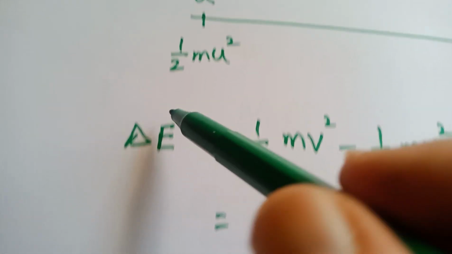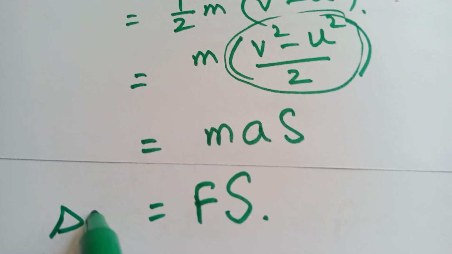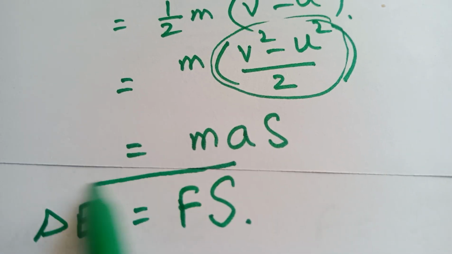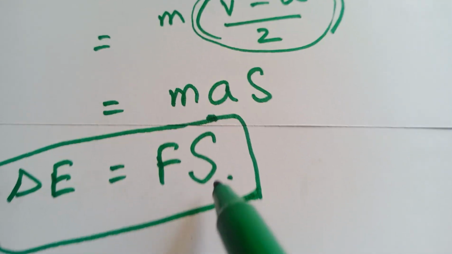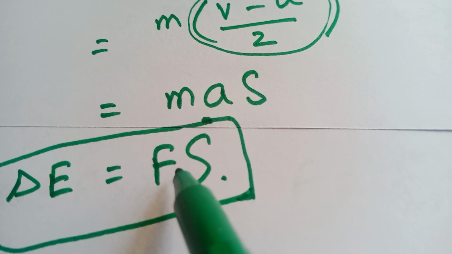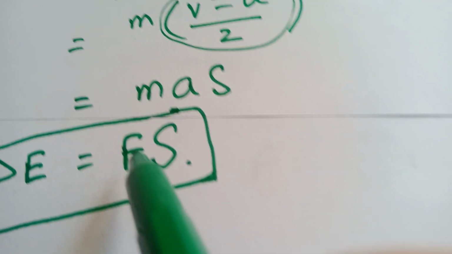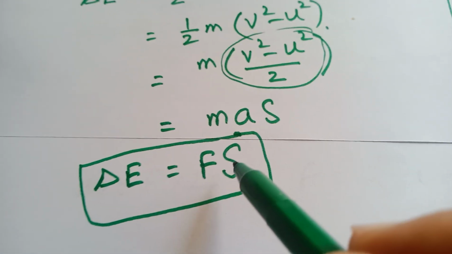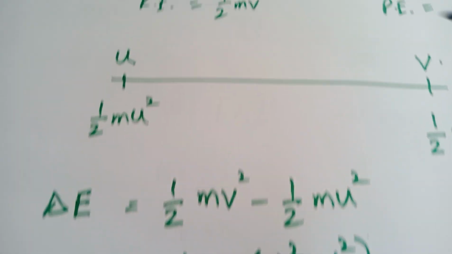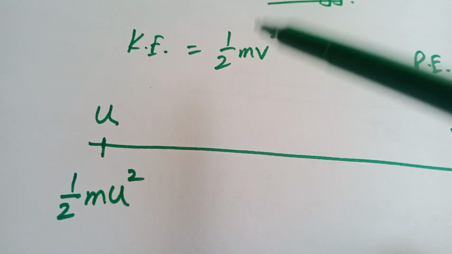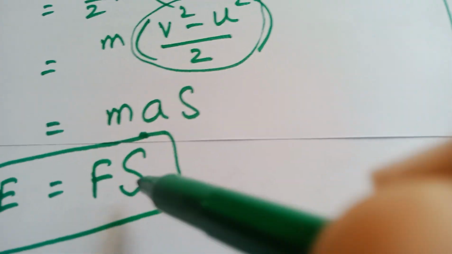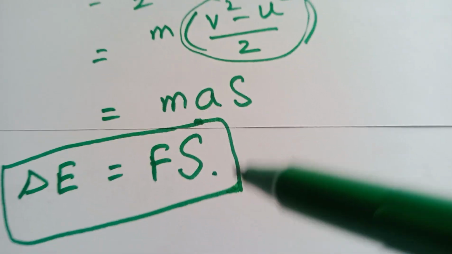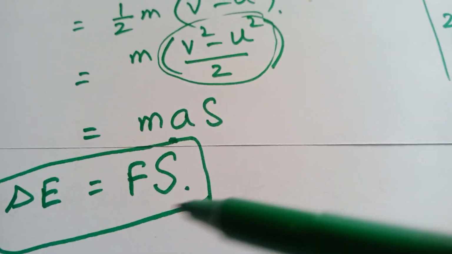So you see that this was the change in the kinetic energy, and that means some work has been done. If there is a change in energy, some work has been done. Please watch this video again and again so that it gets clear to you that the change in energy represents the work, and that is why the energy has the same unit as the work.